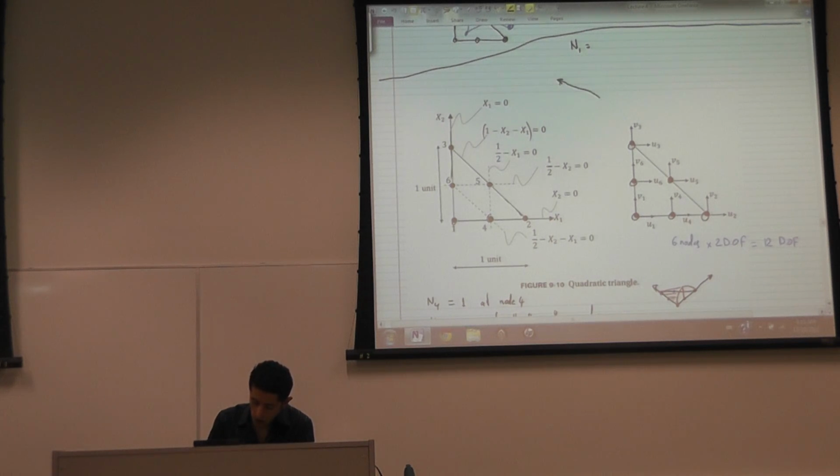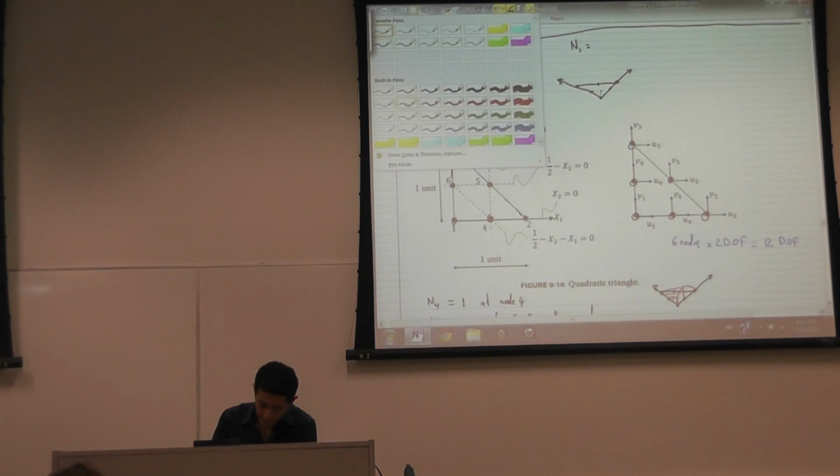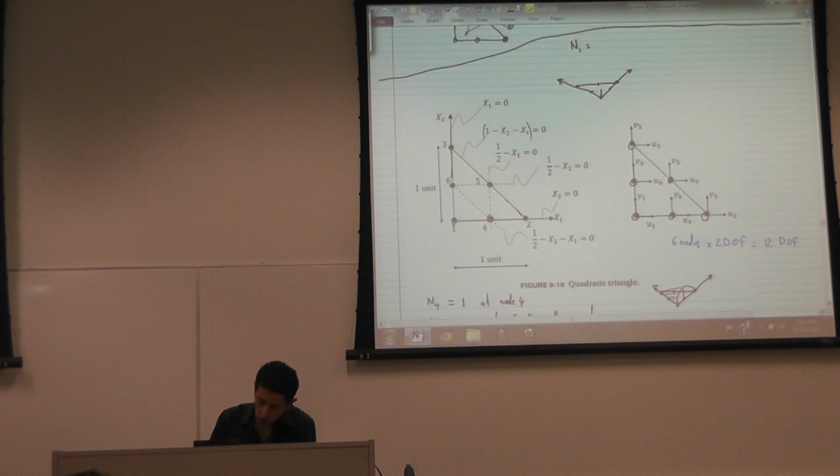This is the element. n1 is equal to 1 at node 1, and it's equal to 0 at all the other nodes.